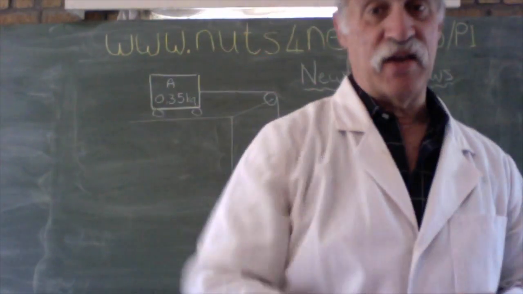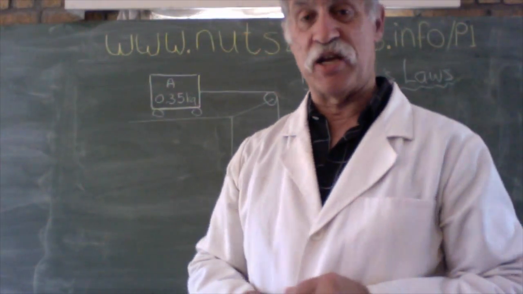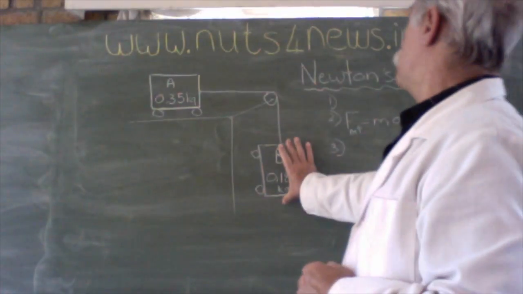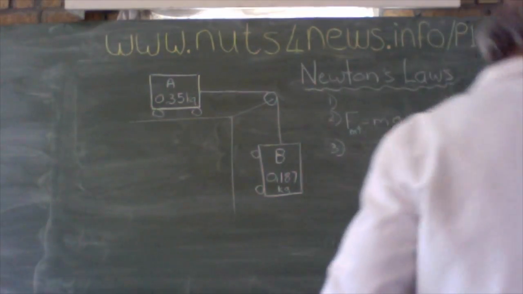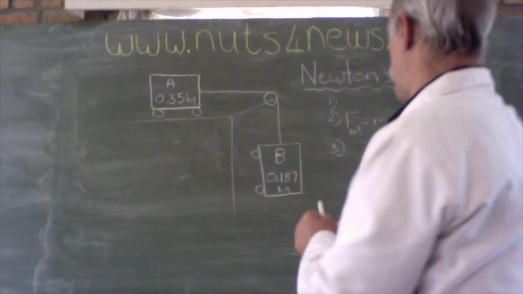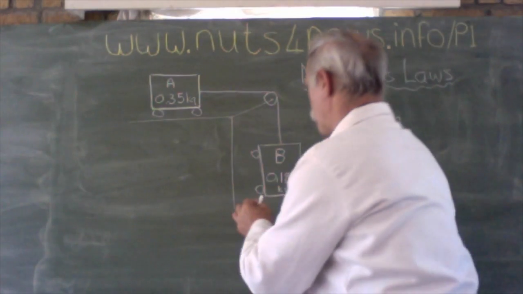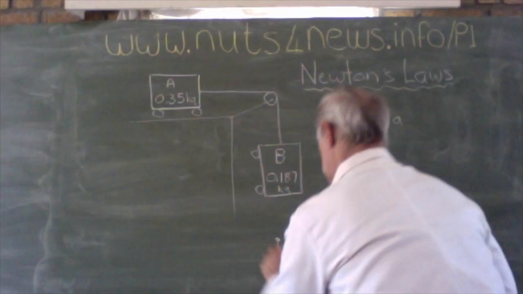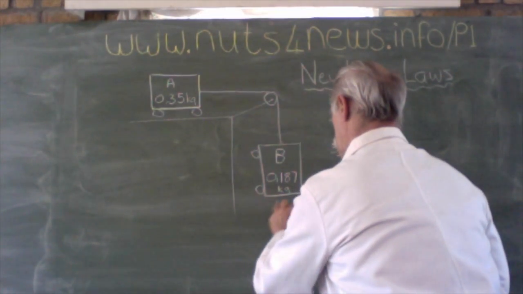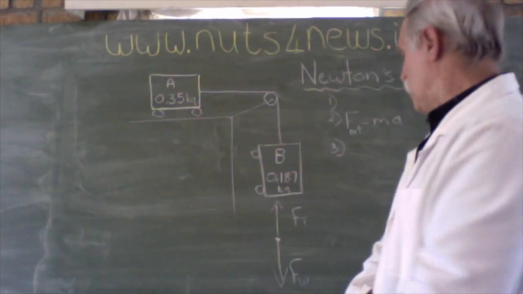And then, if necessary, we go one further and we say, now we apply Newton to just say B, string B. So, getting a piece of chalk, you may be asked to draw a free body diagram for B. So here you've got the force of weight down, and you've got the force of tension in the string up.